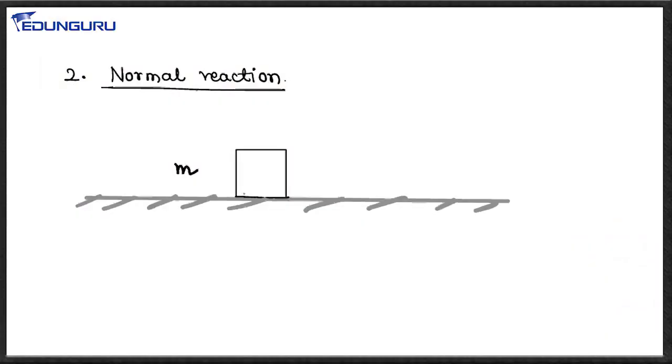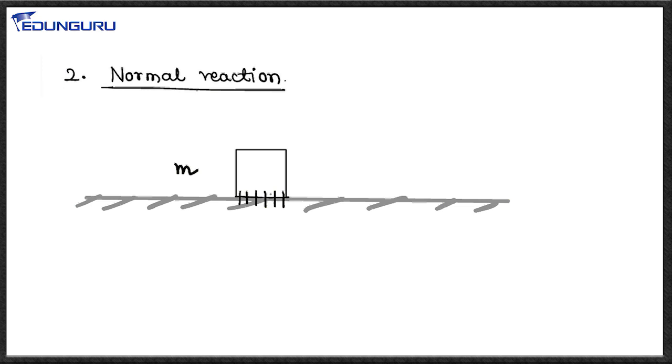See, this normal reaction is a force which every point on the bottom of this block will be experiencing because of every point on the table which is in contact with the block. This normal reaction will be spread on the entire surface of the block.